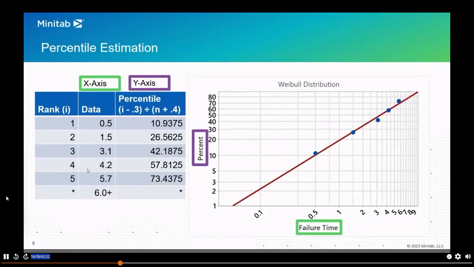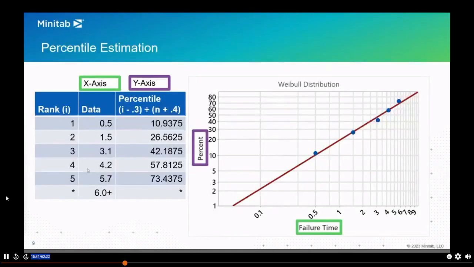Notice the other thing is this graph ends at roughly 80% because we have some that haven't failed yet. So that censored observation of 6 doesn't even show up on the graph, and it doesn't matter. We can have only a handful of failures down in the bottom left corner of the graph. As long as we have 2 of those, we can draw the line further up.